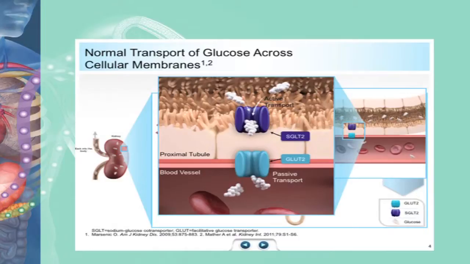Once the sodium goes through the sodium glucose transporter, a gradient is created, so glucose then follows sodium. That's on one side of the membrane, but on the opposite side of the membrane, it's facilitated by GLUT2. And this is what happens in the proximal tubule. So there lies an opportunity.